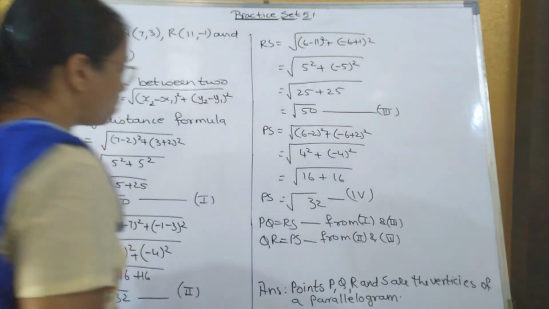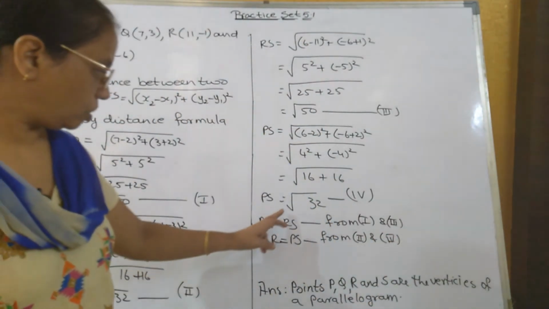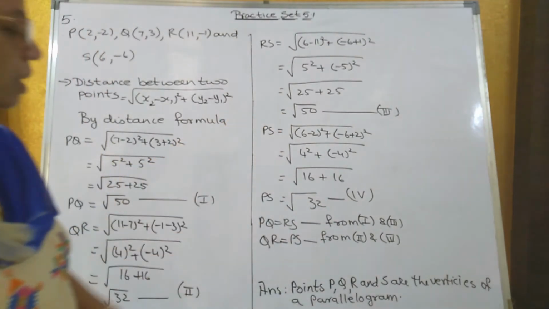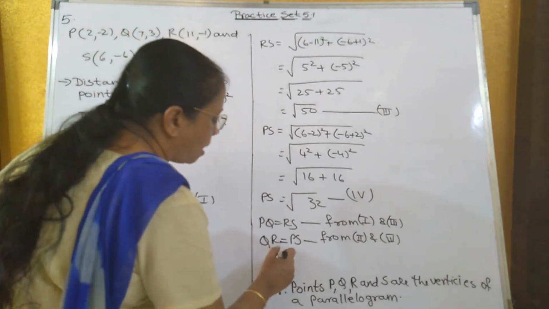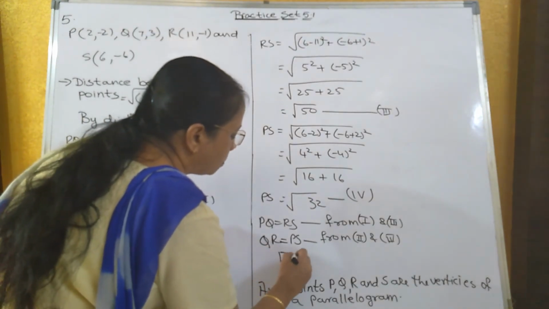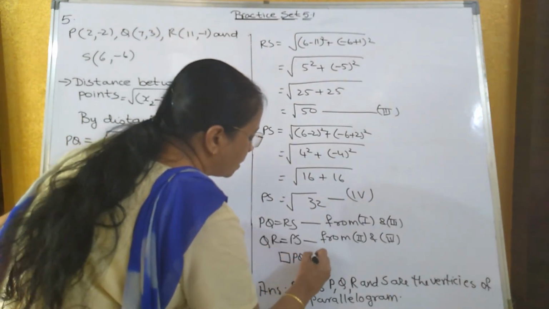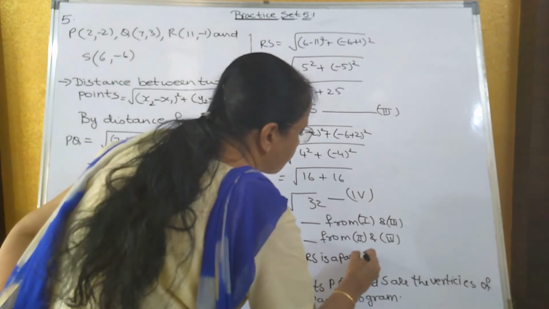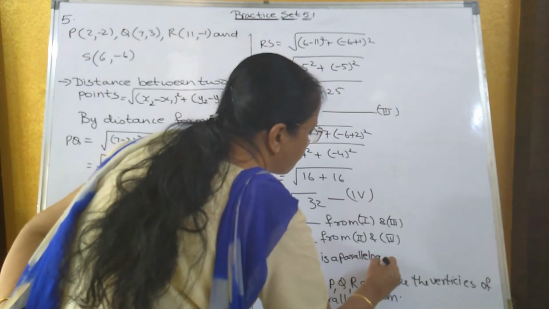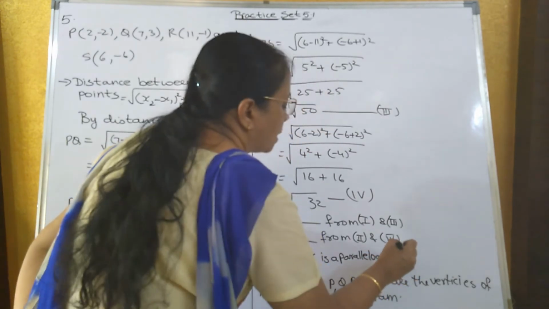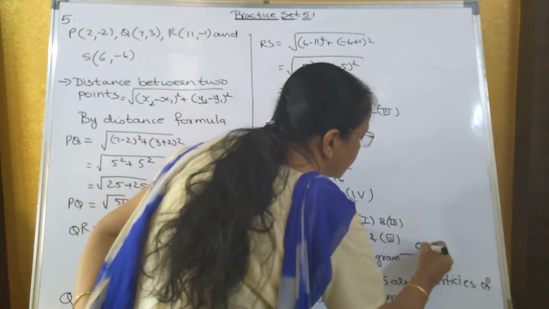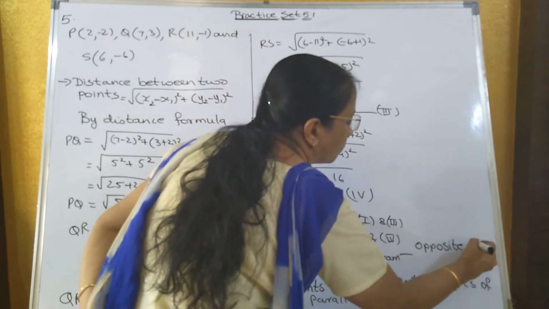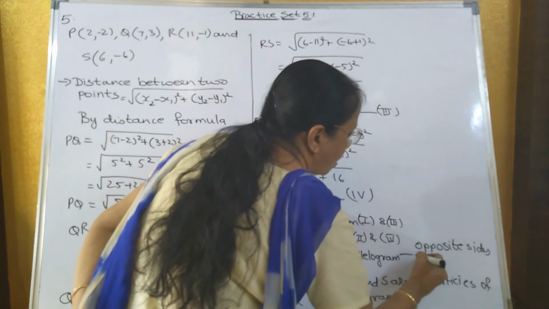So from 2 and 4 we get root 32 is equal to root 32, and from 1 and 3 we get root 50 is equal to root 50. Since the opposite sides are equal, therefore quadrilateral PQRS is a parallelogram. Reason what you'll write: opposite sides are equal.